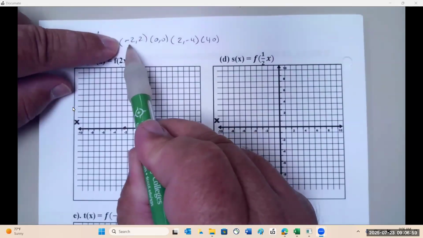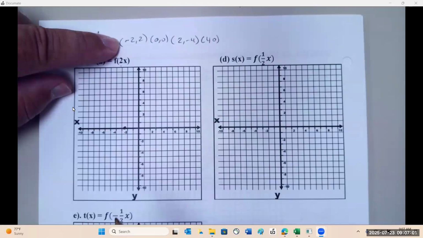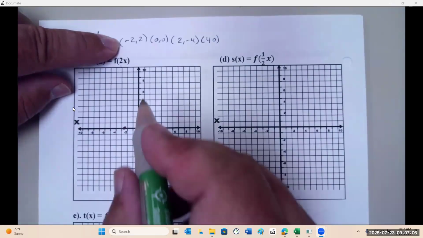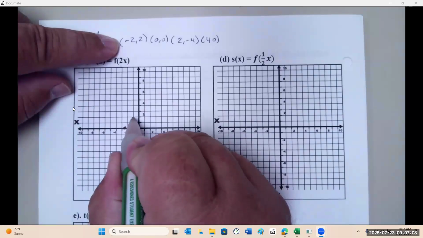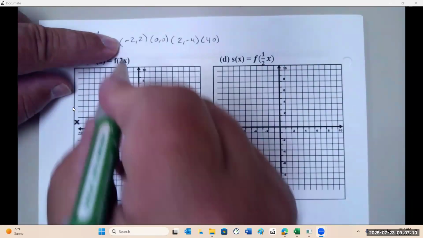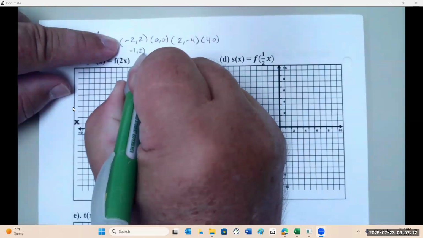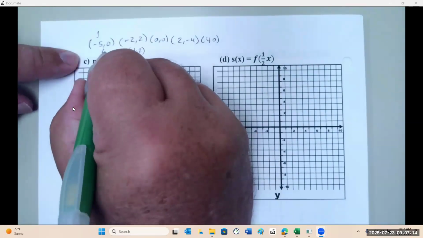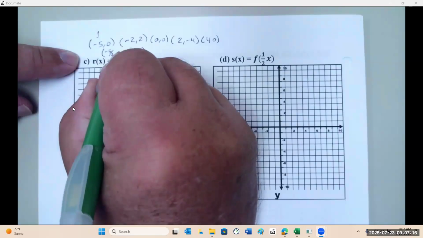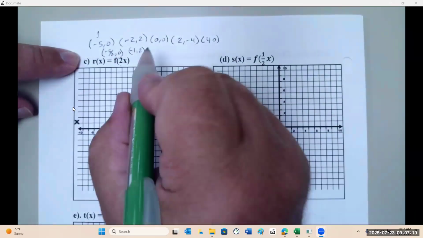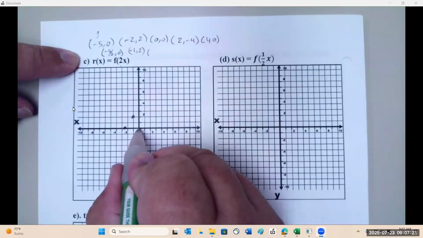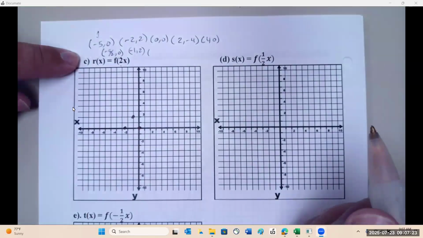And the next point is -2, 2. What does it become? -1, 2. This one becomes -5/2, 0. The origin stays the same.